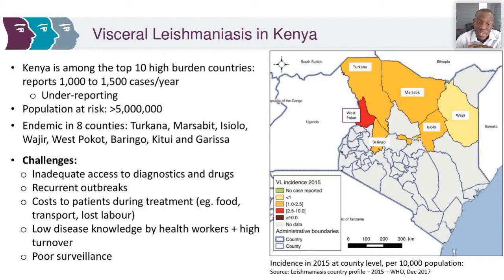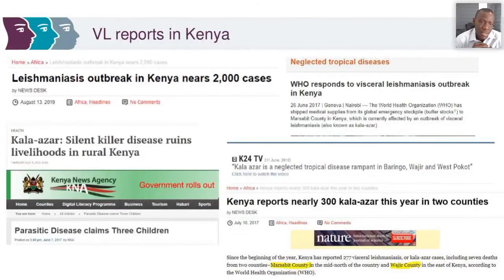There's also low disease knowledge by the local population in terms of seeking healthcare early. And one of the other challenges is the poor use of data to strengthen surveillance. There have been many reports of VL outbreaks in Kenya, and usually they are sensational in the news, leading WHO and other partners to try and address the situation as best as possible.